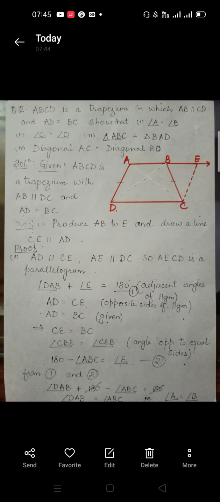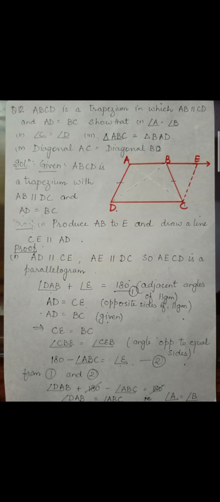Now AD is equal to CE, opposite sides of parallelogram. AD is equal to BC, it is given. That means BC is equal to EC. If CE is equal to BC, then angle CBE is equal to angle CEB. Angles opposite to equal sides are equal.